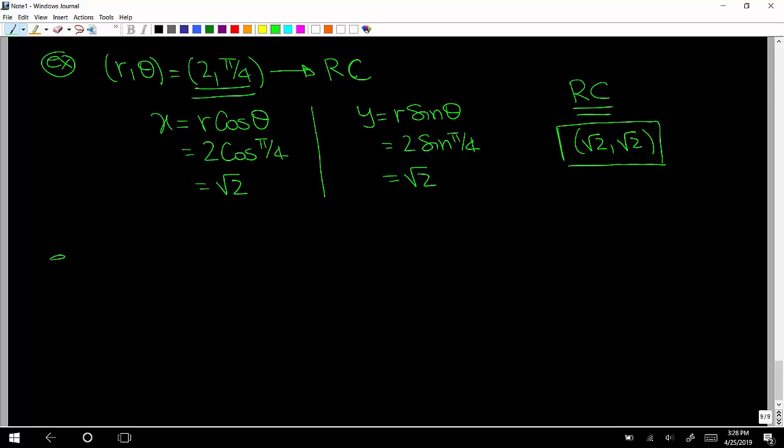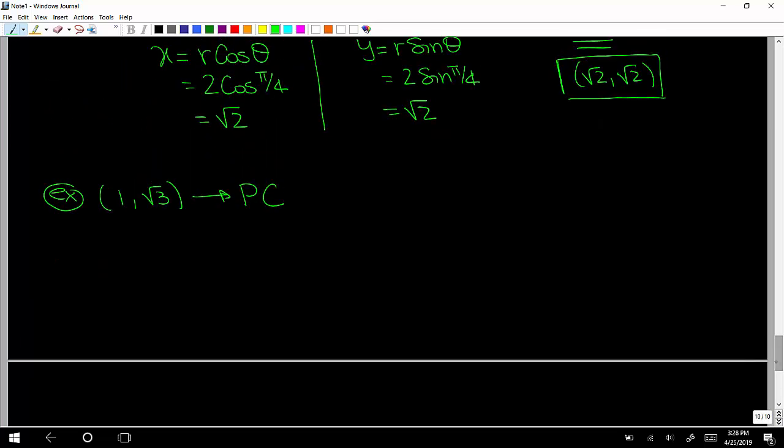Okay. Now let's go the other way. So let's say I'm given this point, let's take 1 and square root of 3, and I want to change that to polar coordinates. So this is x and y. So this is given to us in x and y, and we want to change it to polar coordinates. Okay, so let's do that. To change to polar coordinates, I need to find r first.